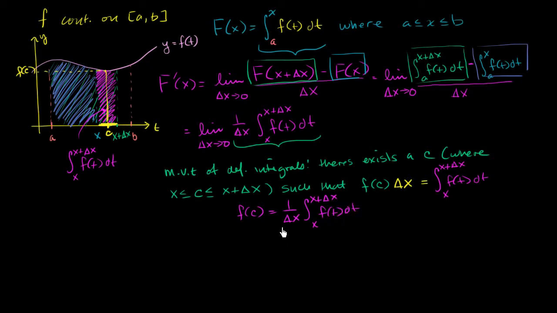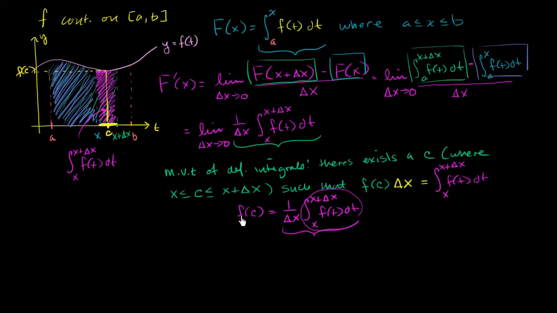And this is often viewed as the mean value of the function over the interval. Why is that? Well, this part right over here gives you the area, and then you divide the area by the base, and you get the mean height. Or another way you could say it is, if you were to take the height right over here, multiply it times the base, you get a rectangle that has the exact same area as the area under the curve.